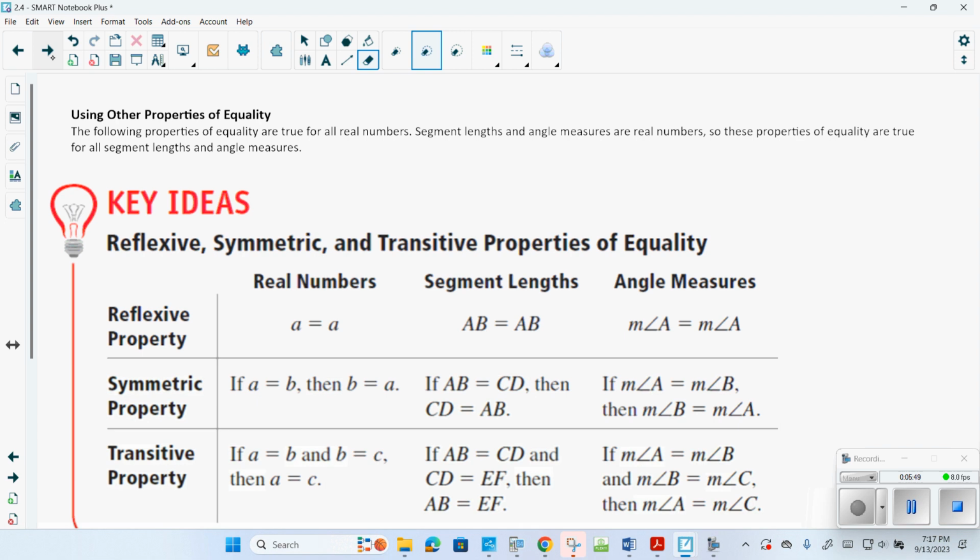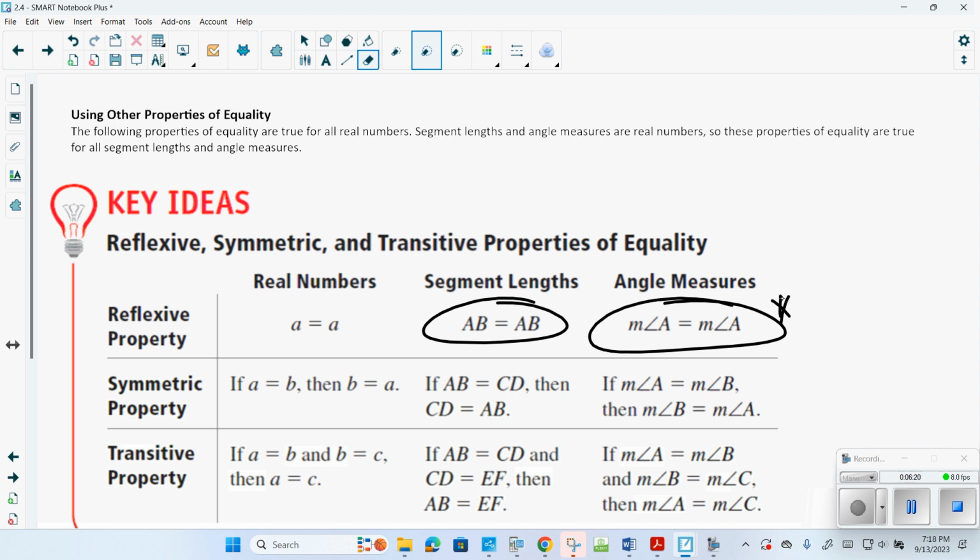More properties, and these are properties of equality that we'll use a lot when we start getting into proofs. Segment lengths and angle measures are real numbers, so these properties of equalities are also true when we talk about the length of a segment or the length or the measure of an angle. Now, some of you might look at this reflexive property and say, well, when am I ever going to say AB equals AB, or the measure of angle A is equal to the measure of angle A?